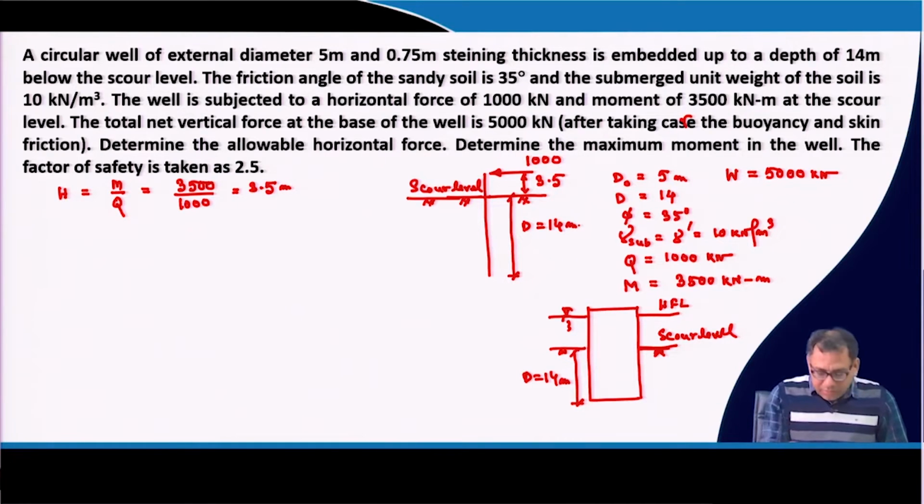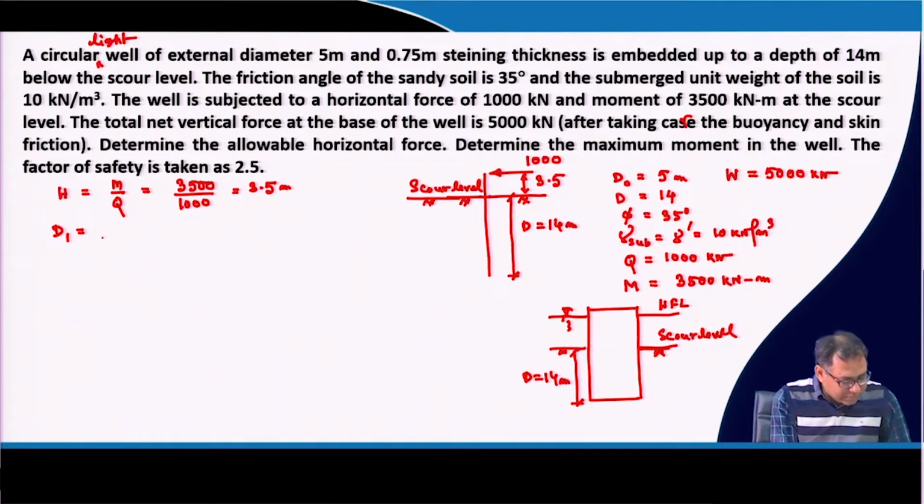Now we know how we can calculate d1. d1 is the distance of the point of rotation from the base of the well, and this is for a circular well.